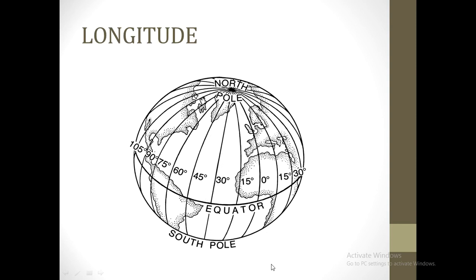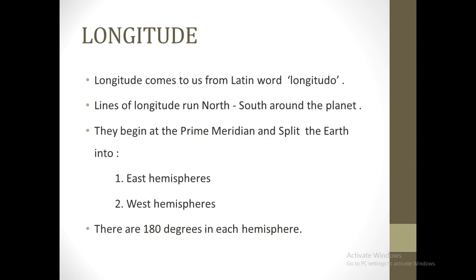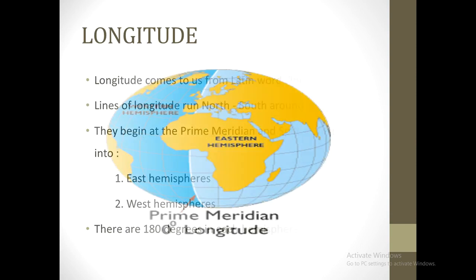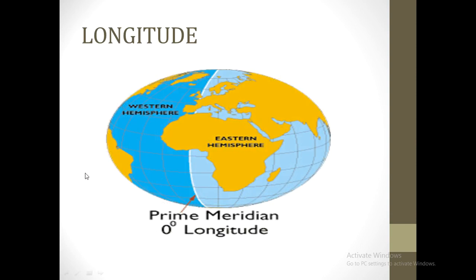Like the equator, some longitude has to be taken as a starting point. The longitude that passes through Greenwich in London is taken as 0 degree longitude. This is called the Greenwich longitude. It is also known as the prime meridian.